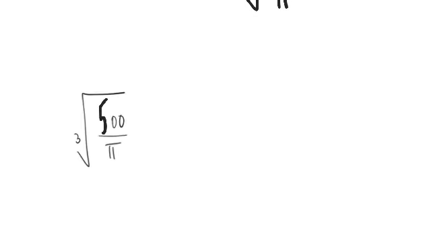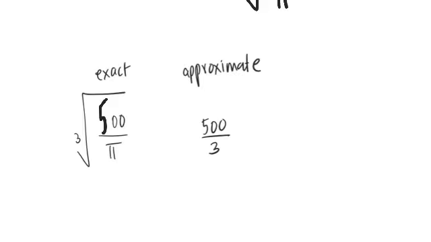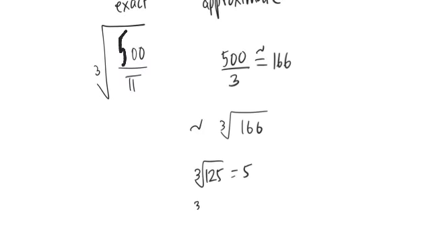For the approximate number we would think, well, 500 divided by 3 is 166-ish, so we're really talking about something like the cube root of 166. Well, we know that the cube root of 125 is 5, and the cube root of 216 is 6. So this is somewhere between 5 and 6, right?